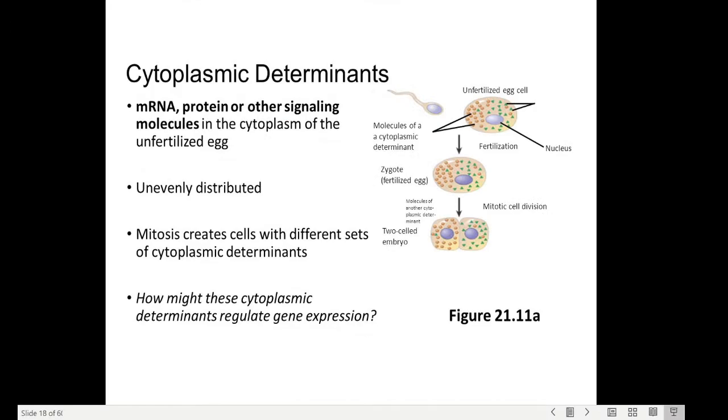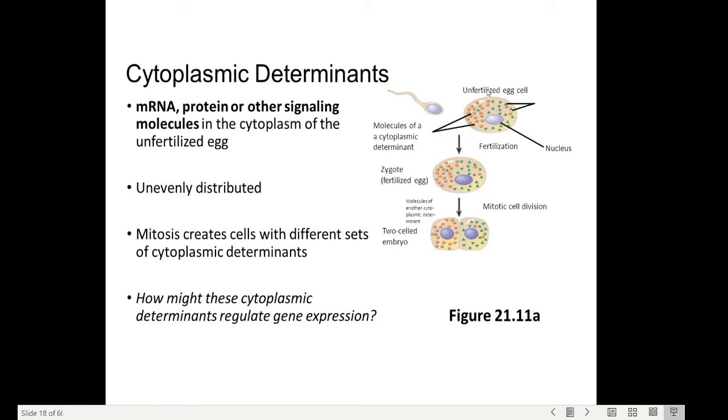This is cytoplasmic determination. Understand this image: in the unfertilized egg, the sperm nucleus is allowed into the egg nucleus, and now that is called the fertilized egg.